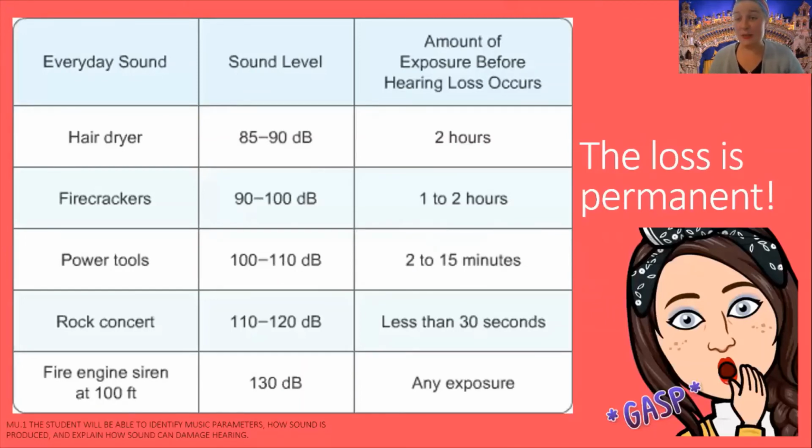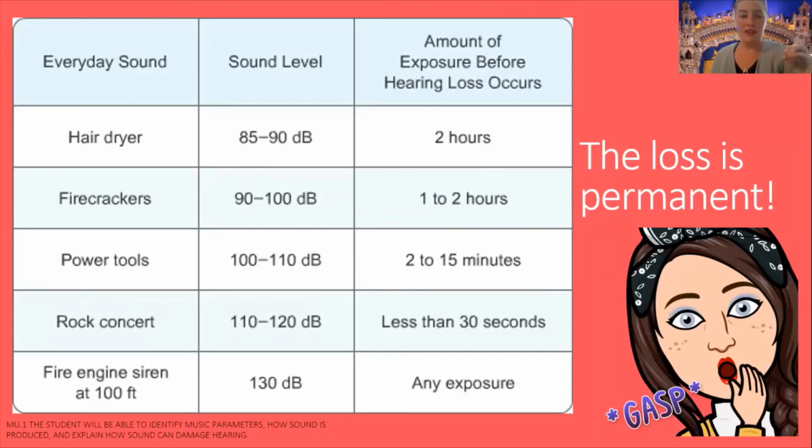Hearing loss is permanent. If you ever get that buzzing in your ears, that means to some degree you have experienced hearing loss. Hearing loss is permanent and you cannot get it back. Most is mild, but like I said, as you get older, it builds up and accumulates over time.